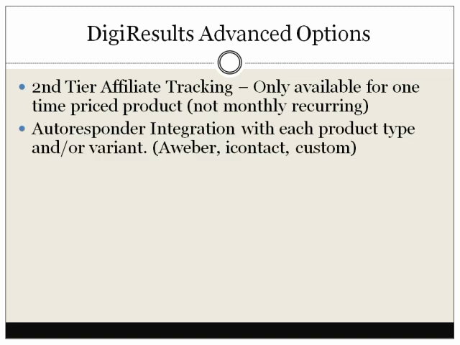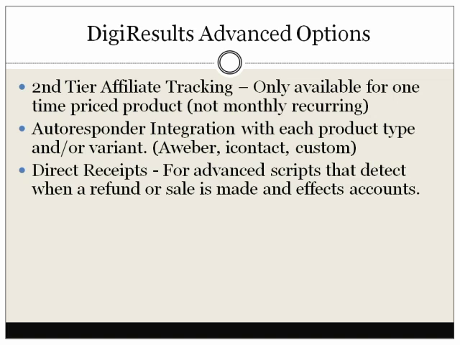Then we have autoresponder integrations for each product type or variant. So in other words, every time somebody buys the product, you can add them to a list. Direct receipts. This is an advanced option for advanced scripts that detect when a refund or sale is made and affects some sort of account creation process.